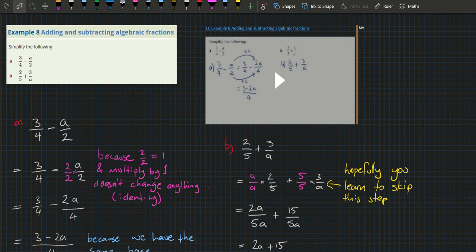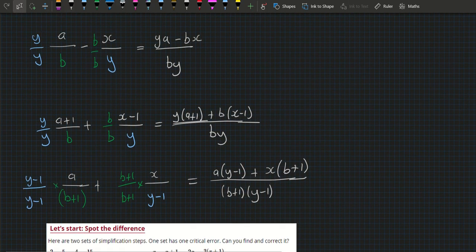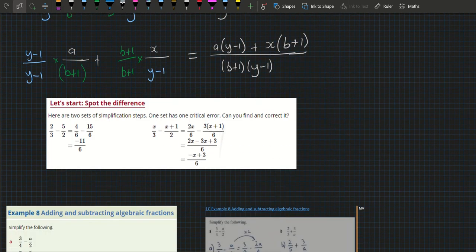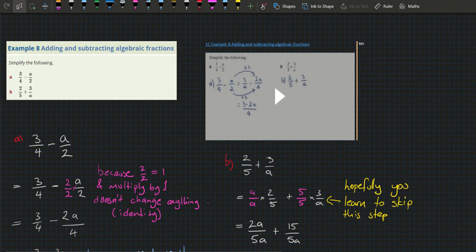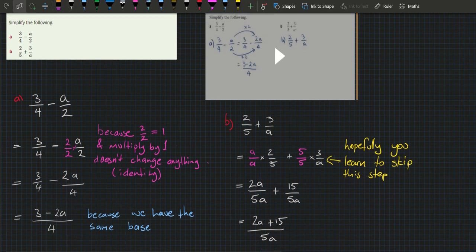I had to add these fractions together, so 4 and 2. Now, you can see earlier on I multiplied them by b and y, but that's because I don't know what they are. Here the lowest common denominator is 4, because I just have to make both bases the same. And 2 times 2 equals 4.